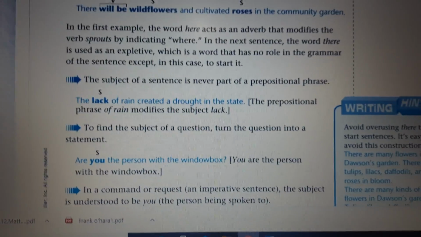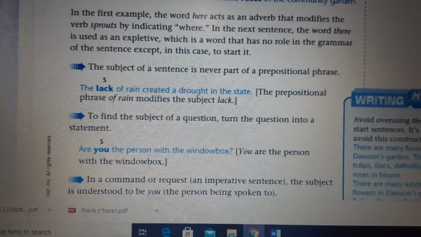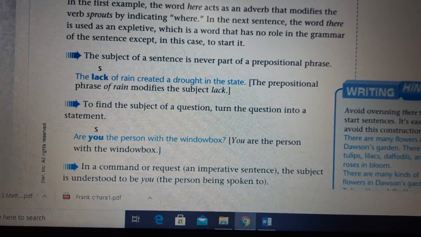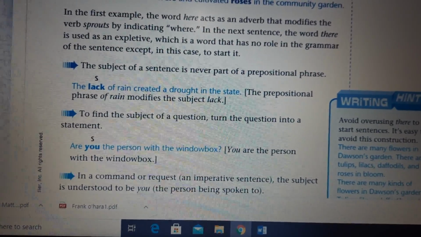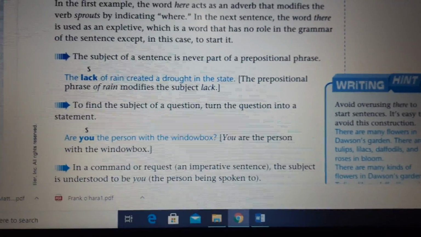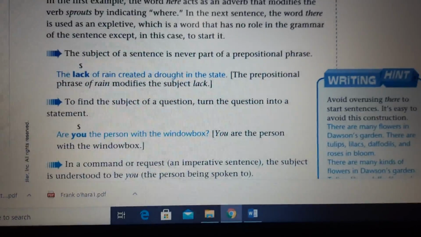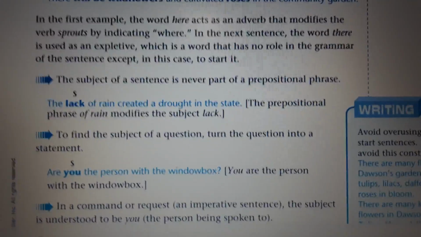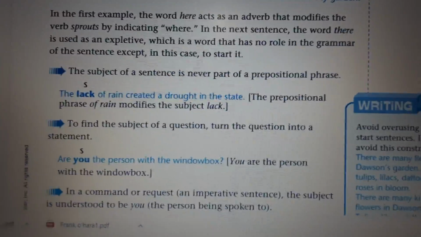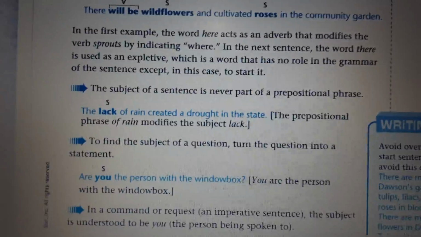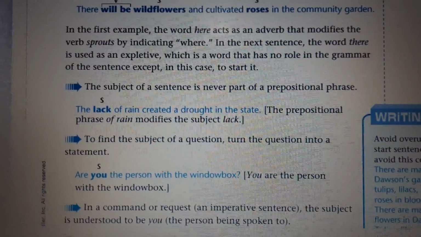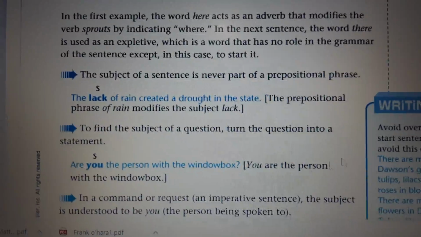So here, are you the person with the window box? Okay, so here, you are the person with the window box. Just if you want to make it a statement without a question, so you can distinguish more. It's true, not wrong, but when I say are you, or is she, or is he, or are they, you're going to know that this is a subject.